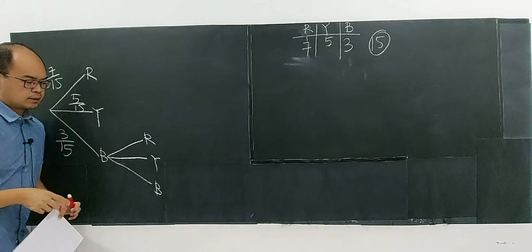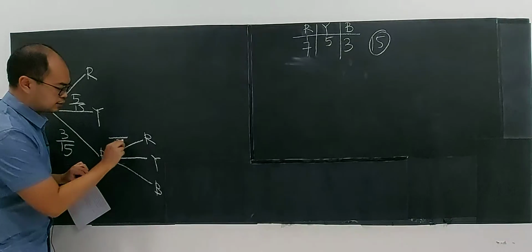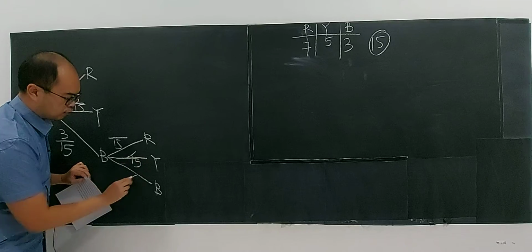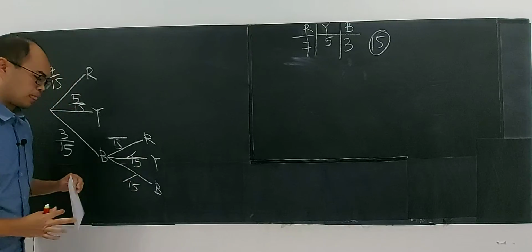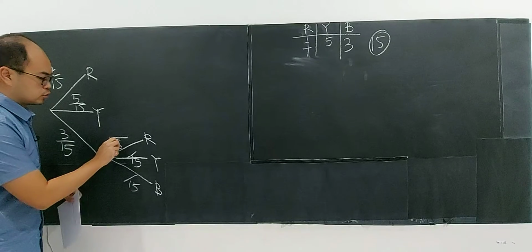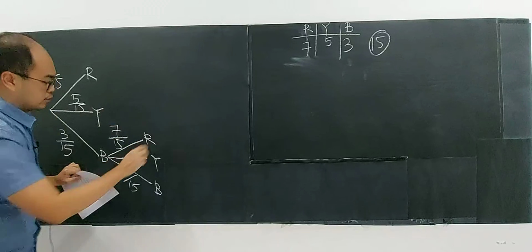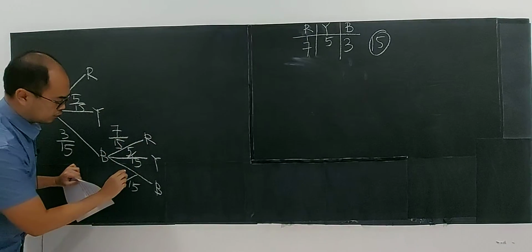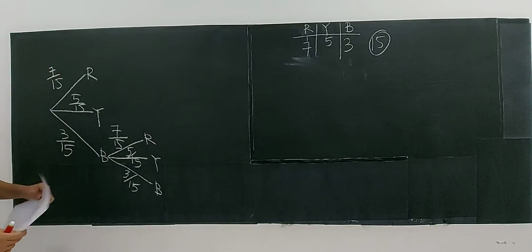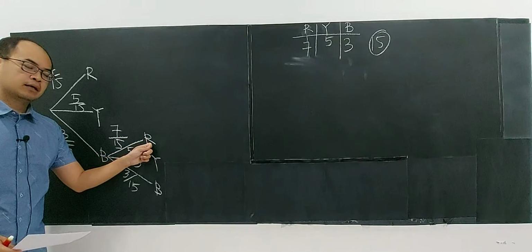So the total number of marbles in the box will still be the same because you returned it to the box. The red will still have 7, 5 yellow, and 3 blue. This is independent, tidak bergantung. Why?